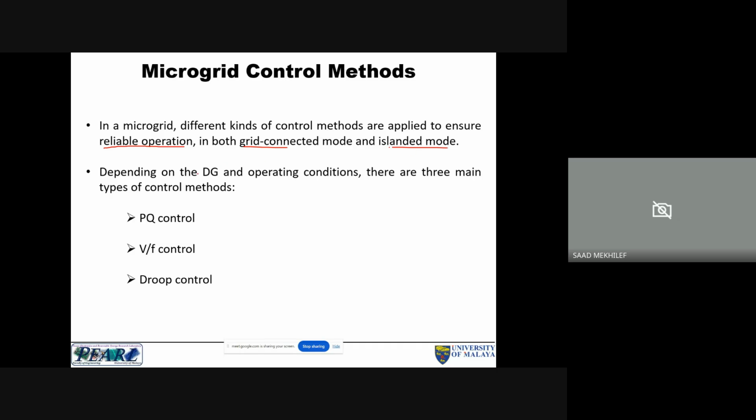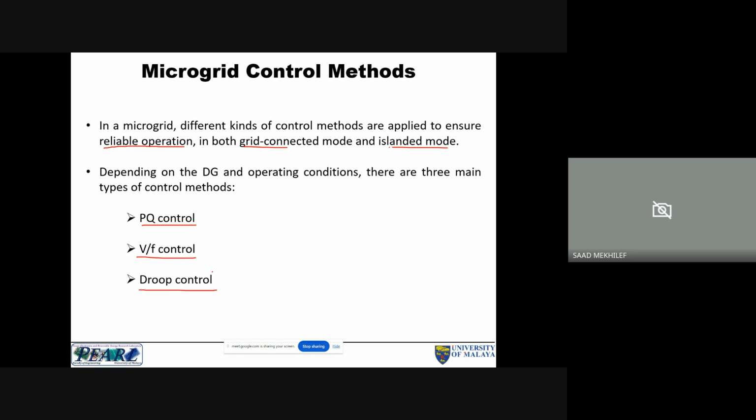These are the two modes of operation. Depending on the DG operating conditions, there are three main types of control method that we usually use: PQ control, VF control, and droop control.